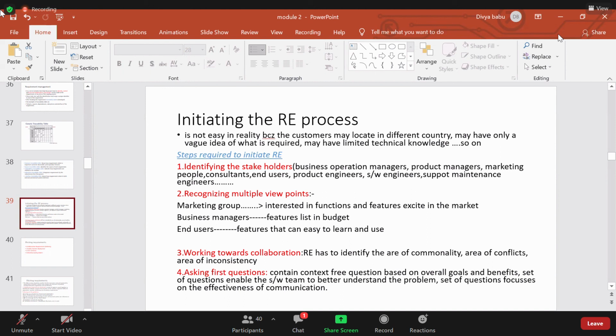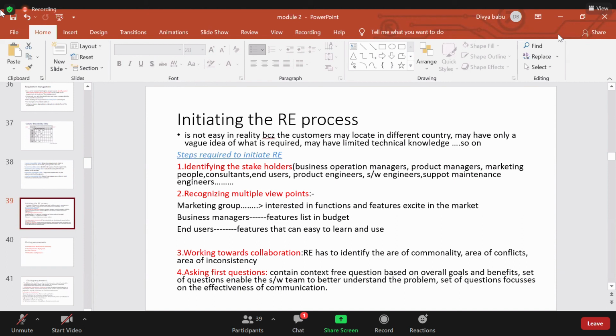In initiating the RE process, the requirement engineering process, the first three steps come before the context-free questions, that is, before the inception phase. First we identify the stakeholders, recognize the viewpoints, and try to collaborate even in the conflicting areas or inconsistencies. This is the part you have to do before you ask the first question.